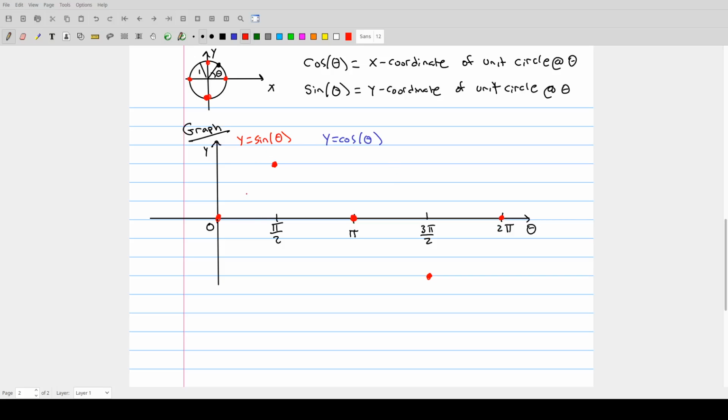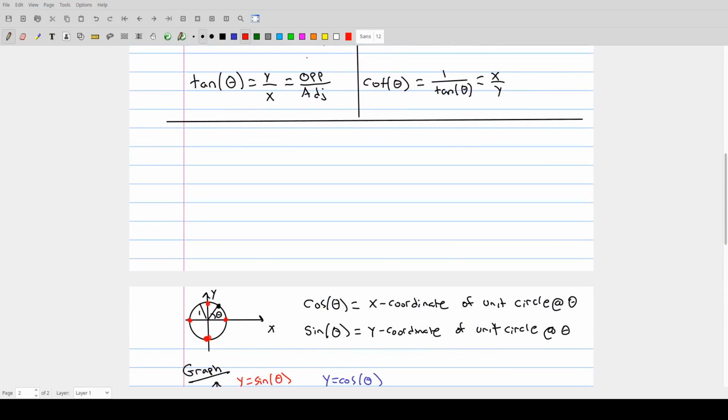Now to get other intermediate values, you can use either a calculator, or you can use what we know about sine and cosine and triangles specifically, which is that for any right triangle we have the Pythagorean theorem.